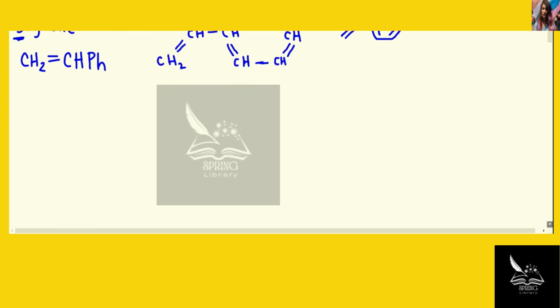So I'm going to draw down here the structure. We have CH2. I'm drawing the acrylonitrile, CH2, CH, and then we'll draw that bond from those electrons that came from the double bond, and then CN. Now you're probably wondering, well, this is a CH2, and this is another bond.